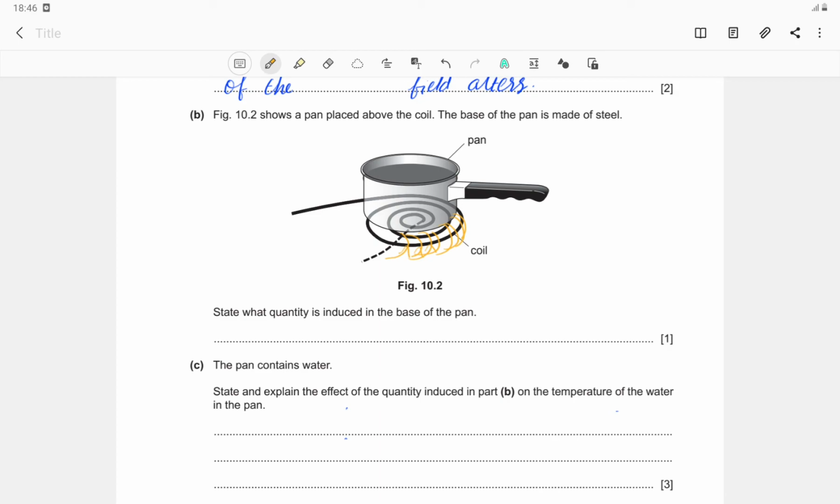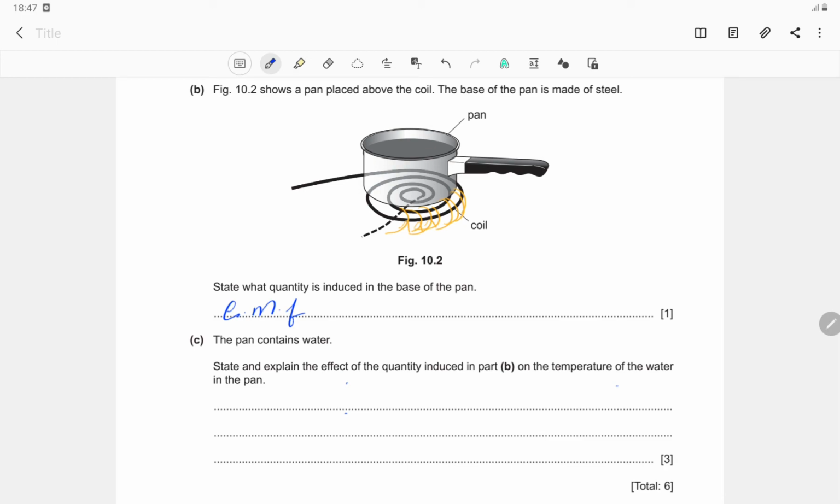Because of this change in the field lines, there will be an induced EMF in the pan, and this phenomenon is known as electromagnetic induction. So here they have simply asked, state what quantity is induced in the base of the pan. It is nothing but EMF. There will be EMF induced. So you just need to write down EMF or induced EMF.